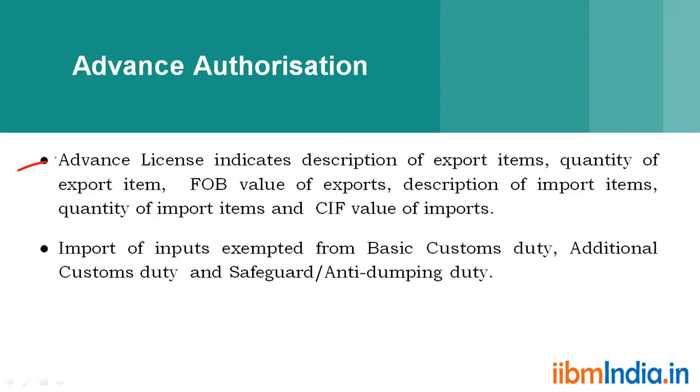Further, the advanced license indicates description of export items, quantity of export items, FOB value of export, free on board, description of import items, quantities of import items, and CIF values of import.